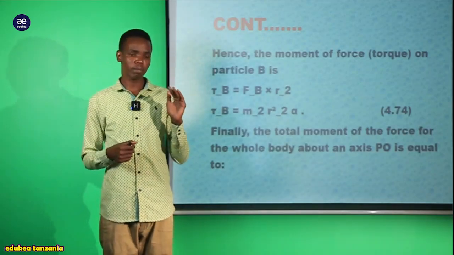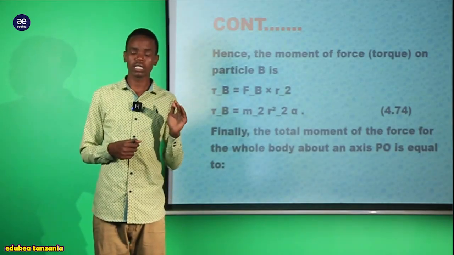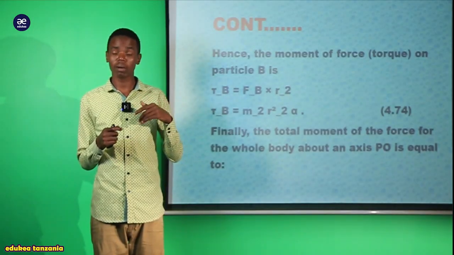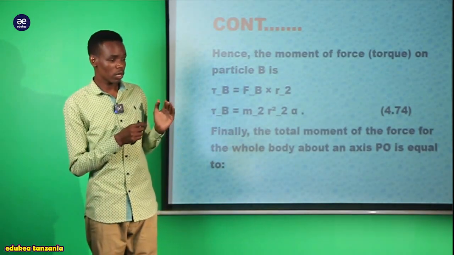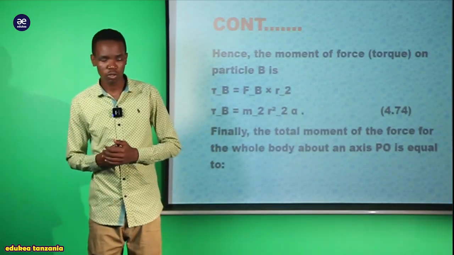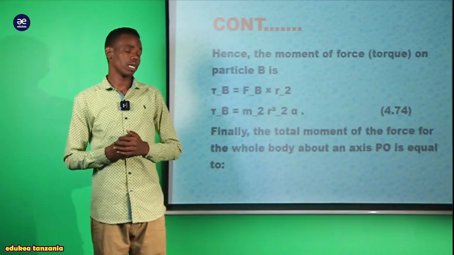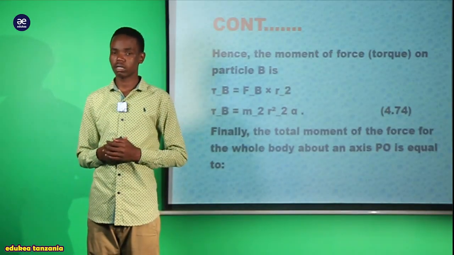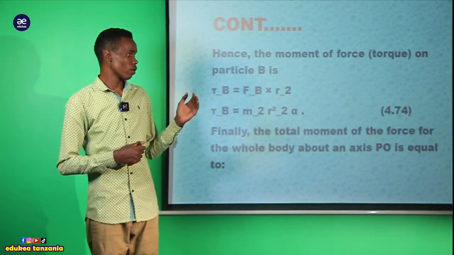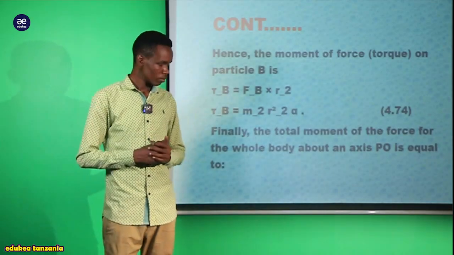It is similar to that at the point A, but the locations of the particles are separate. So the torque at the point B must be equal to m2 times r2 square times the angular acceleration. This is equation 74 for our fourth topic here.